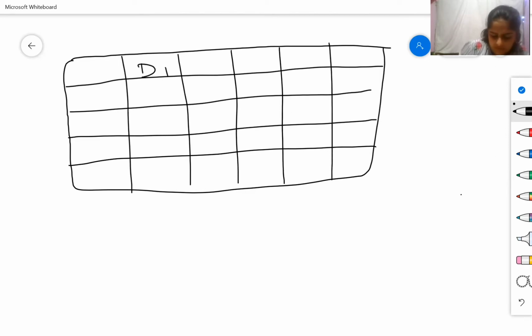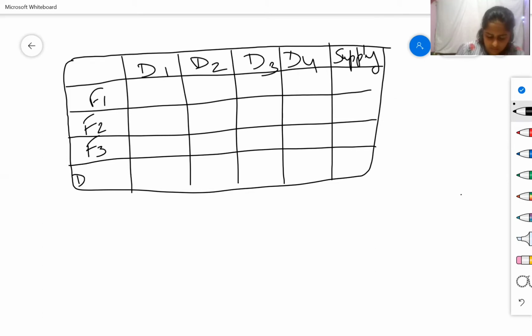First is destination 1, destination 2, destination 3, destination 4 and supply. Factory 1, factory 2, factory 3 and demand. The costs for transportation are: for F1 D1 6, for F1 D2 is 4, for F1 D3 is 6, for F1 D4 is 6 and supply is 80.